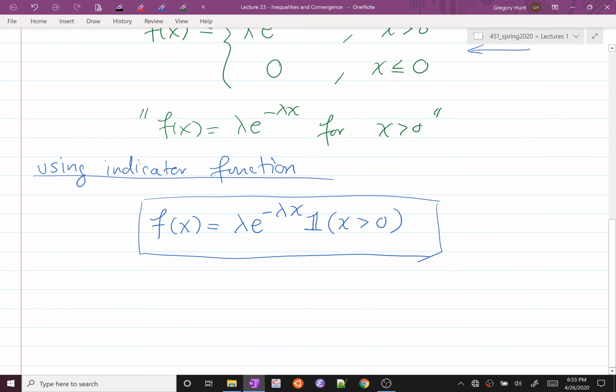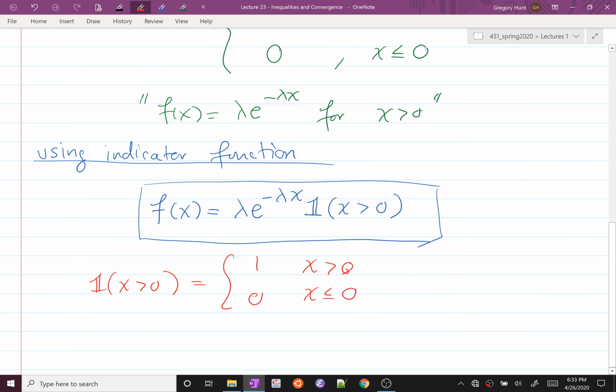The reason these are equivalent is because this indicator that x is bigger than 0 is just going to be 1 when x is bigger than 0 and 0 when x is less than or equal to 0. So by multiplying by this indicator function, what we'll get is exactly our PDF: lambda e to the negative lambda x times 1 when x is bigger than 0, and 0 times our PDF, which is just 0, when x is less than or equal to 0.